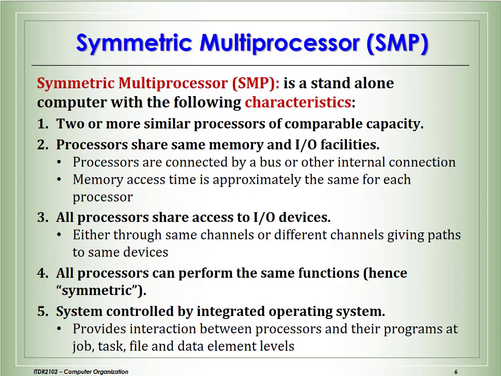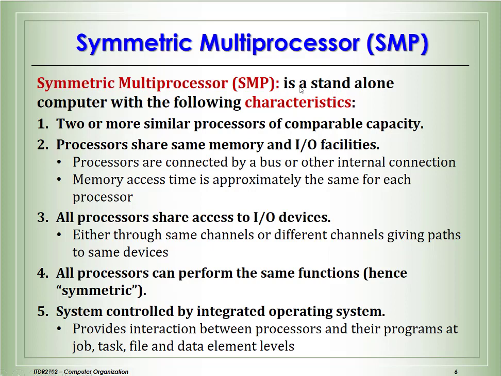But in symmetrical multiprocessing, all CPUs which are working together in this model are treated equally. They can all execute instructions. They can all run applications. And the communication between the central processing units is through the shared memory. In other words, we can say that all processors can schedule.